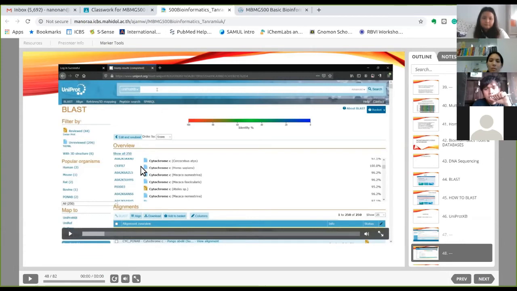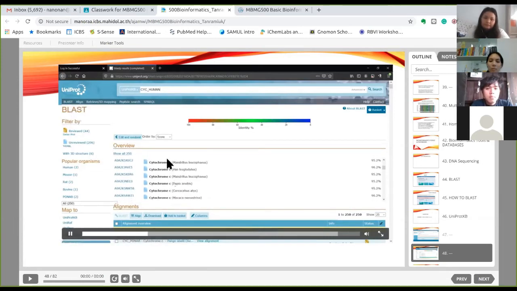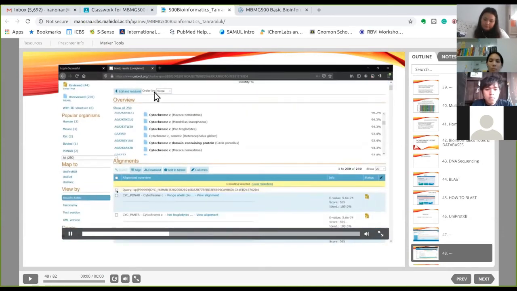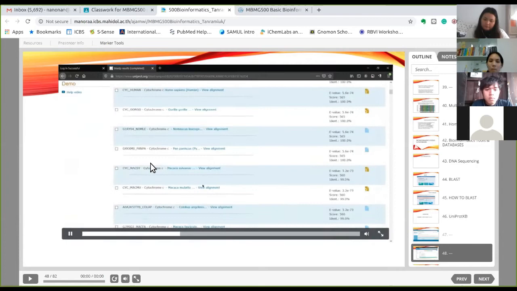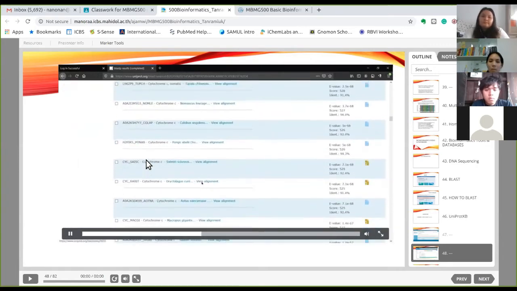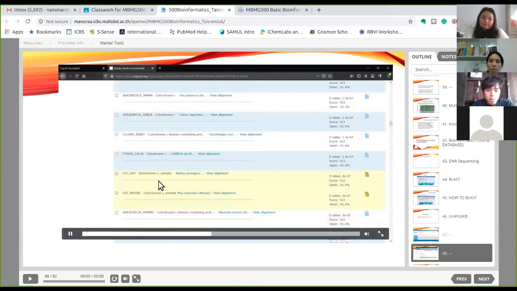So you can also use UniProt to blast. So you put cytochrome C human like this, and you can blast inside the UniProt too. Various tools allow you to blast for proteins inside the database. So this one, you don't need to put the sequence, you just put the IDs, and it shows you, let's say this one, cytochrome C of mouse and rat.